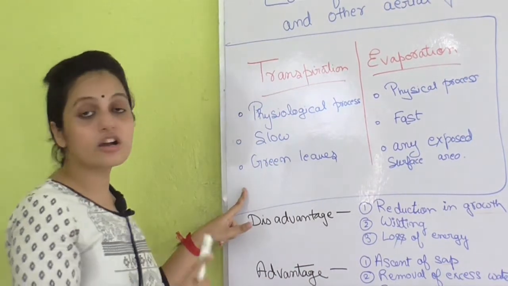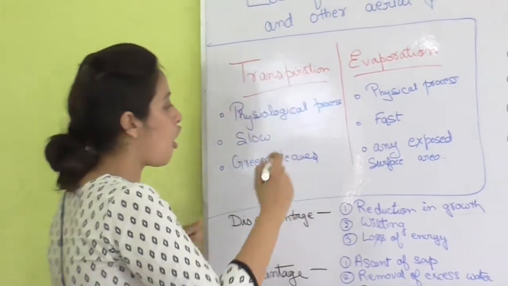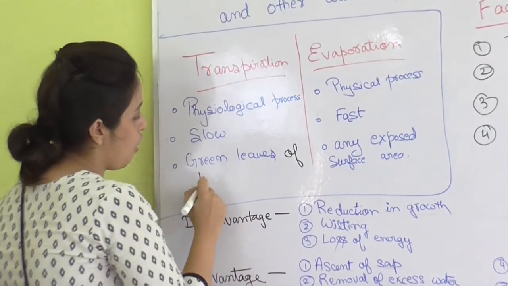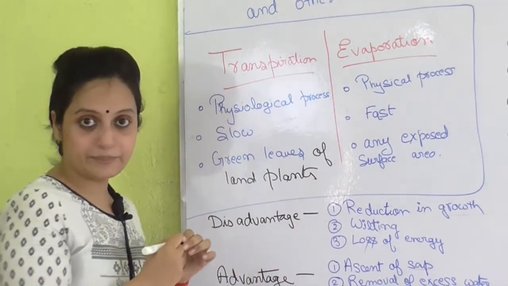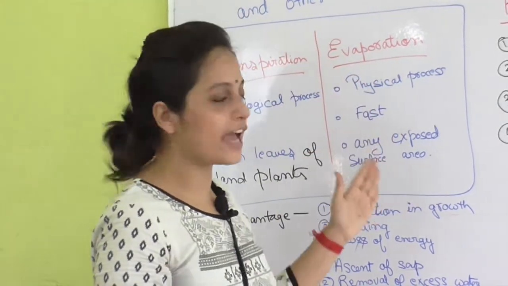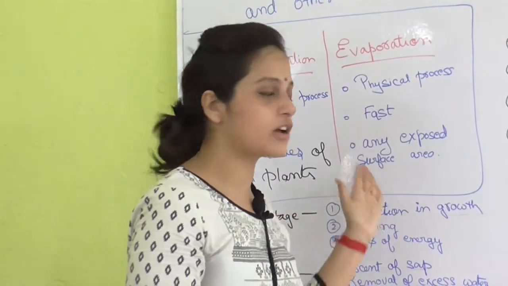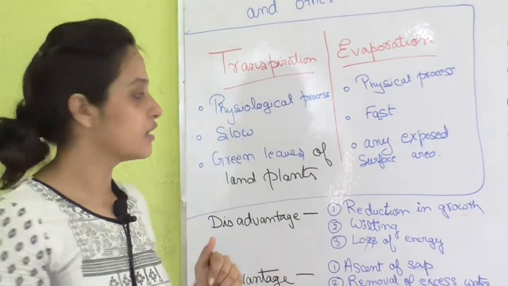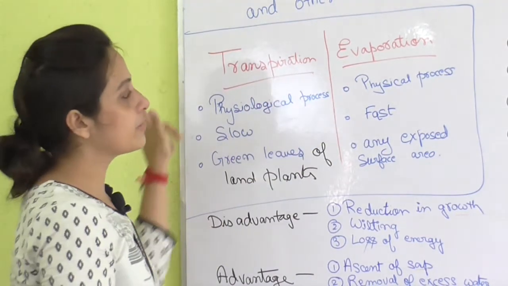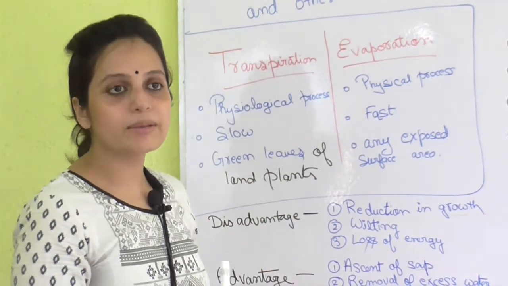Next, transpiration occurs on the green leaves of land plants only, while evaporation can occur on any exposed surface area of both living and non-living things. So these are the differences which you need to remember.